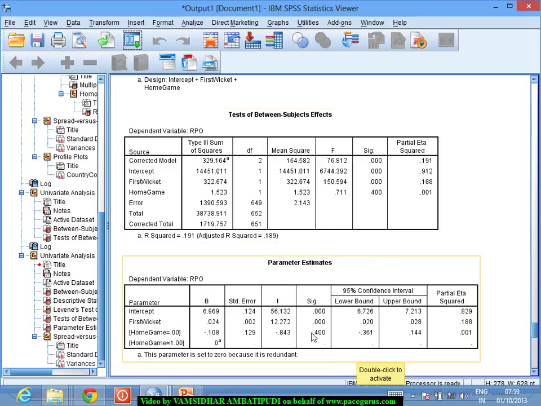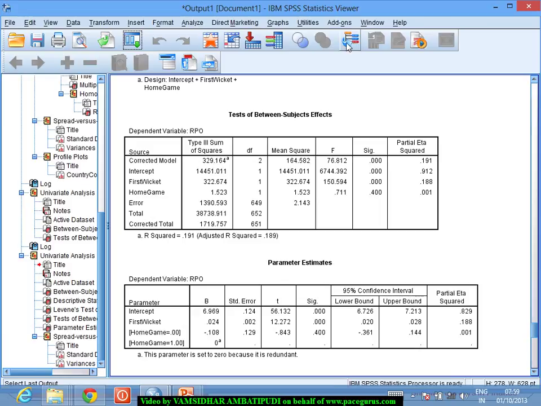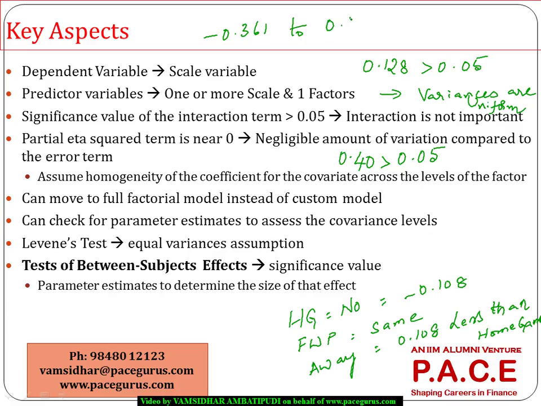But that cannot be said with a lot of confidence, because the significance level is greater than 0.05, and the 95% confidence interval is mentioned as minus 0.361 to plus 0.144.